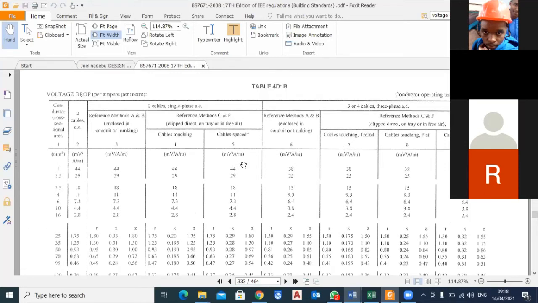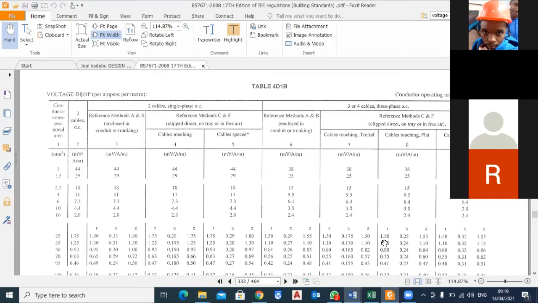Now, once you have confirmed that, unapiga hesabu ukitumia ile design current yako. For 16, utachukua hii 2.8 times 10 raised to negative 3 meters. You convert everything to the standard units. Our current yetu, our design current was 45.87.